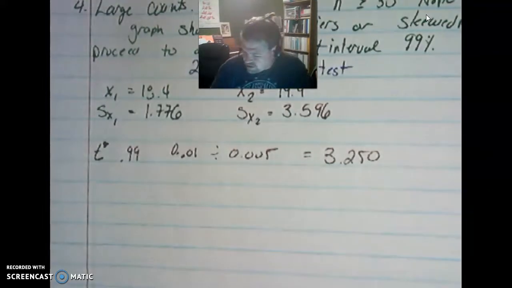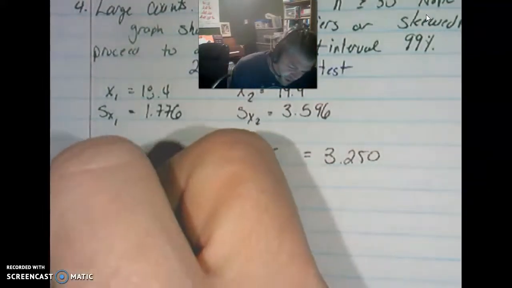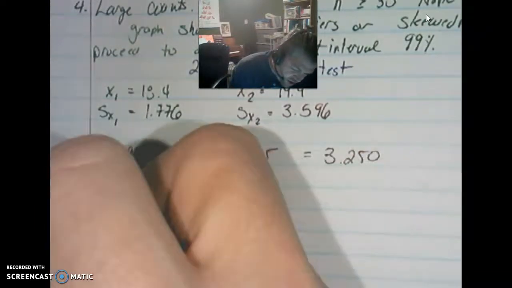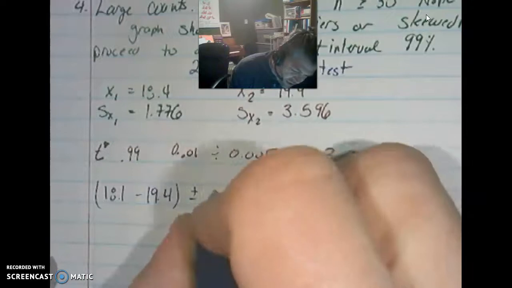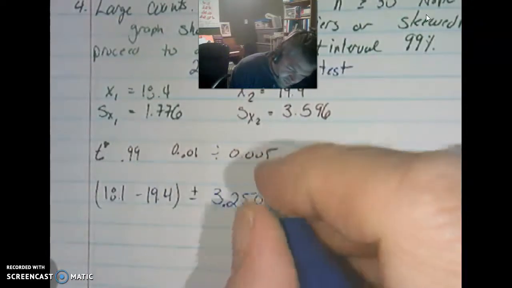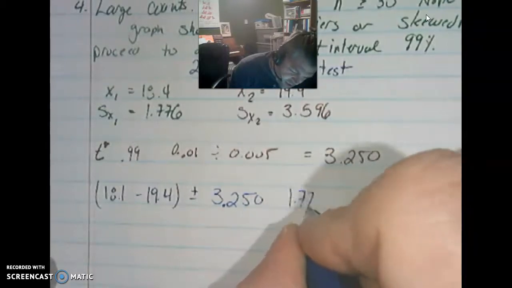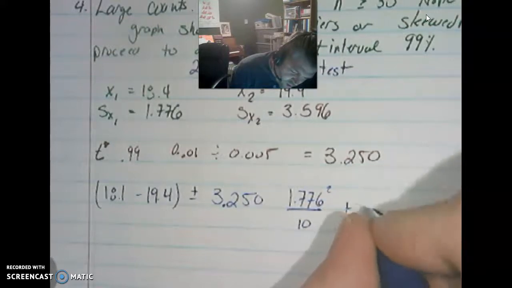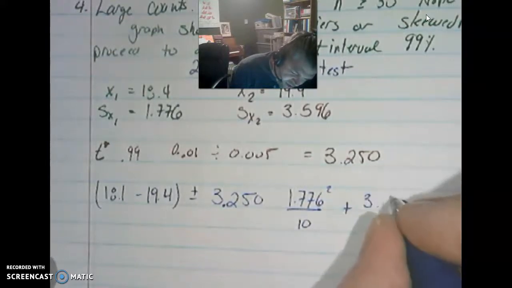All right. So to set this up, I'm going to take the mean of x1 minus the mean of x2 plus or minus my critical score. And then I'm going to take the standard deviation of x1 and the standard deviation of x2.